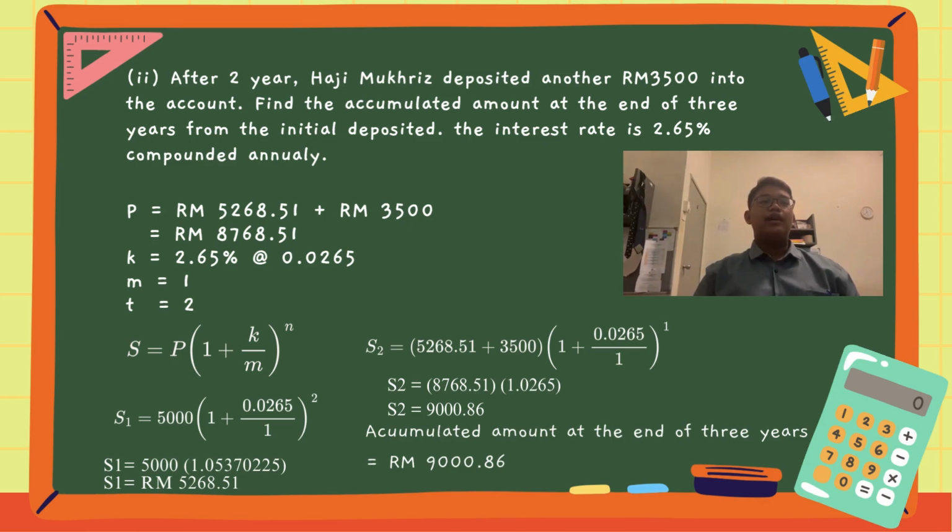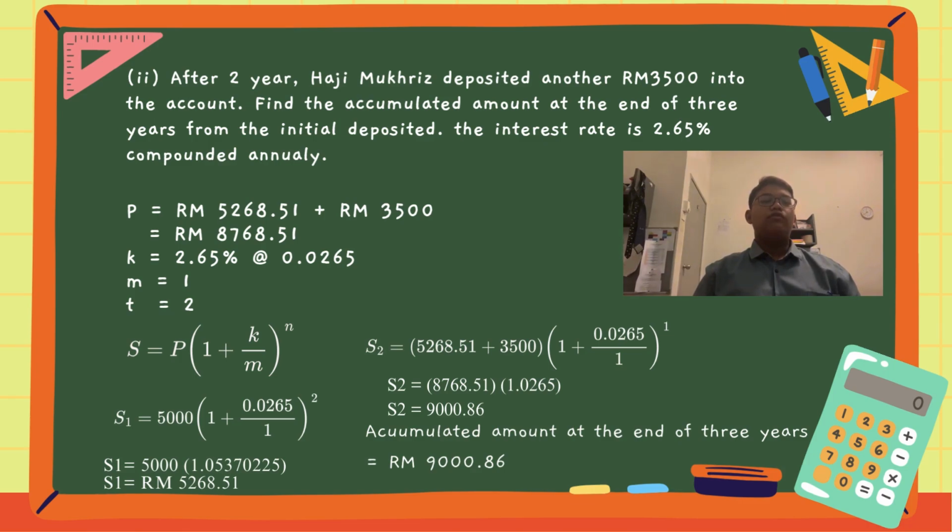So now we go to the second question. After 2 years, Haji Mukris deposit another 3,500 into the account. Find the accumulated amount at the end of 3 years from the initial deposit. The interest rate is 2.65% compounded annually. So we input the data from the question.